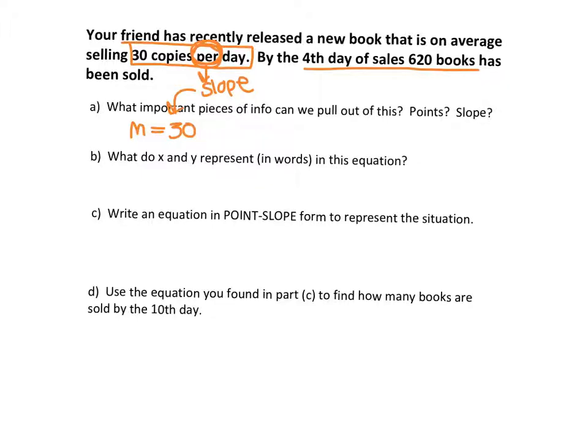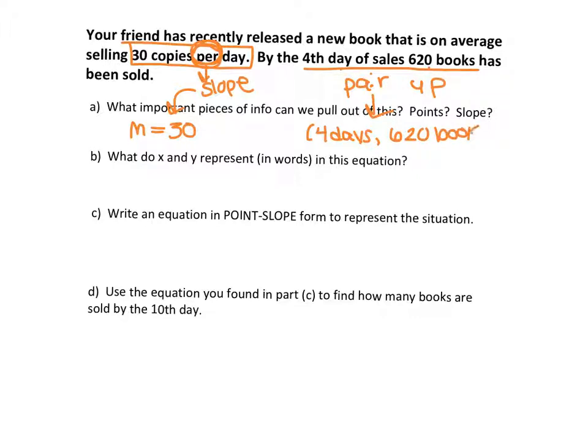Then from here, we're seeing on the 4th day of sales, we sold 620 books. We can tell that these two pieces of information pair up. So anything that looks like it pairs up is actually creating a point. So we have 4 days, and at 4 days, we've sold 620 books.